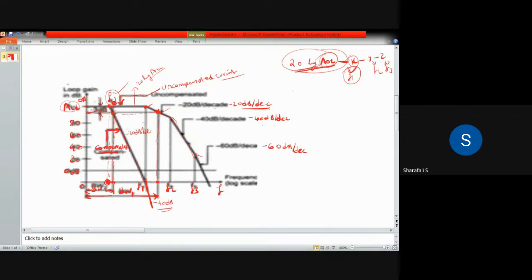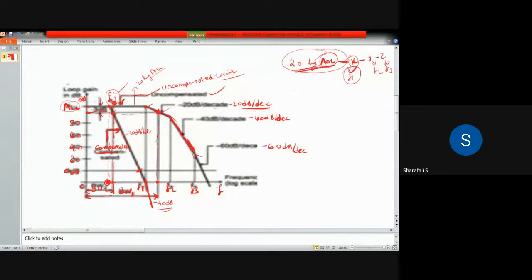But an important thing we have to consider here is that the gain will reduce to zero very smoothly when you have that compensation. That is not the case when you do not have compensation. When you consider the uncompensated network, we have different kinds of decreasing of gain corresponding to those break frequencies.